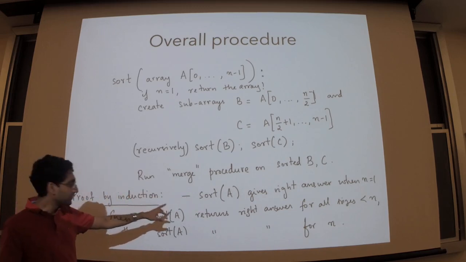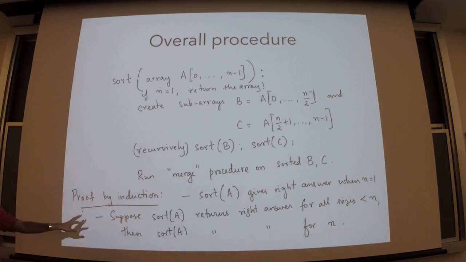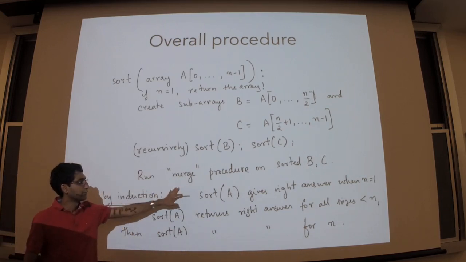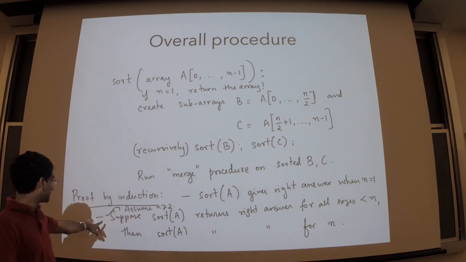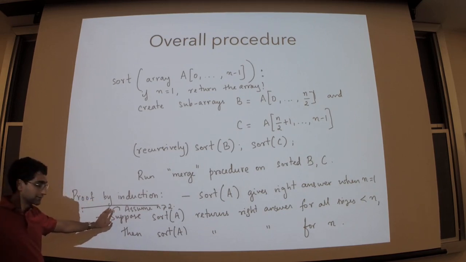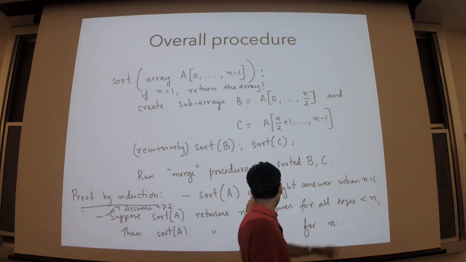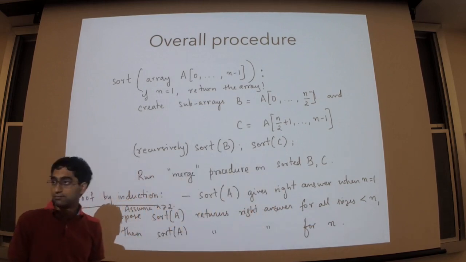If you have shown these two steps, then it means that this procedure holds for all n. So if you want to be really informal, for all n bigger than or equal to 2, you have this statement that suppose sort of A returns the right answer for sizes less than n, then it also returns the right answer for n.